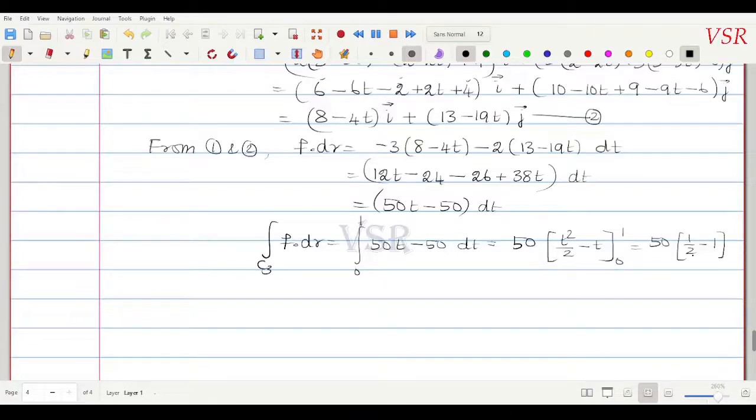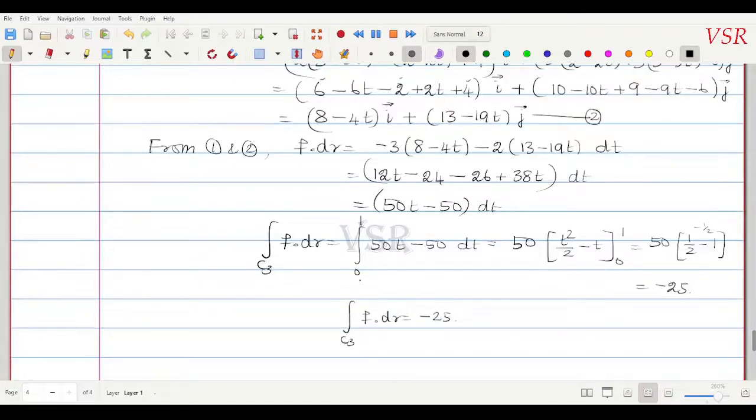So this is equal to minus 25. So the integral over c3 of f dot dr is equal to minus 25.